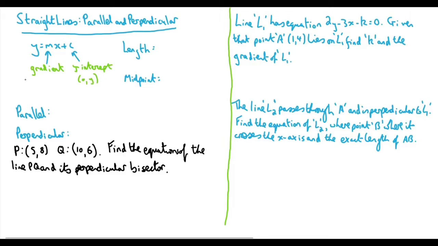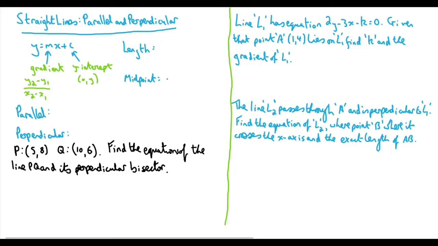What you'll then do is subtract the two y values from each other, so the difference in y, and divide that by the difference in x. Okay? And because it's a straight line, this gradient is going to be constant throughout. If you have a curve where your gradient is changing, that will come under the later topic of differentiation.